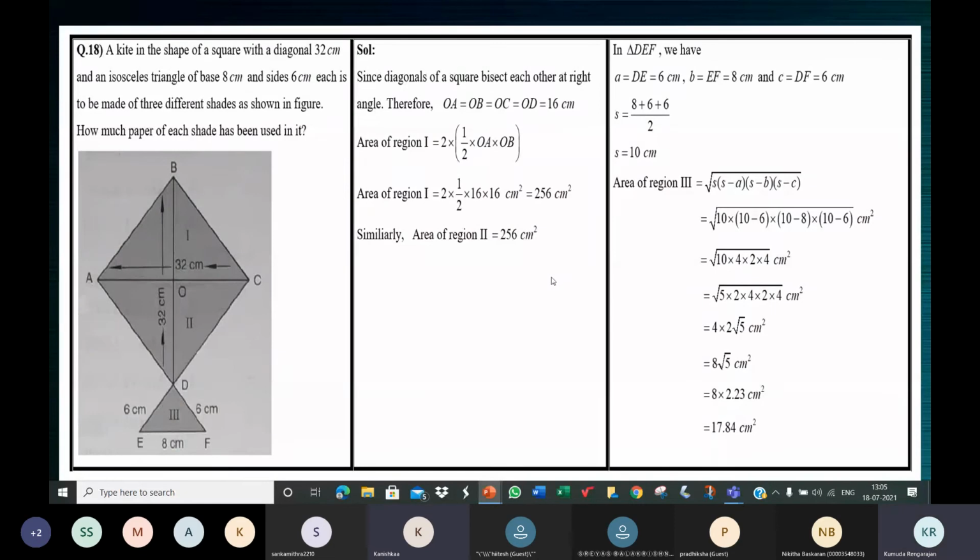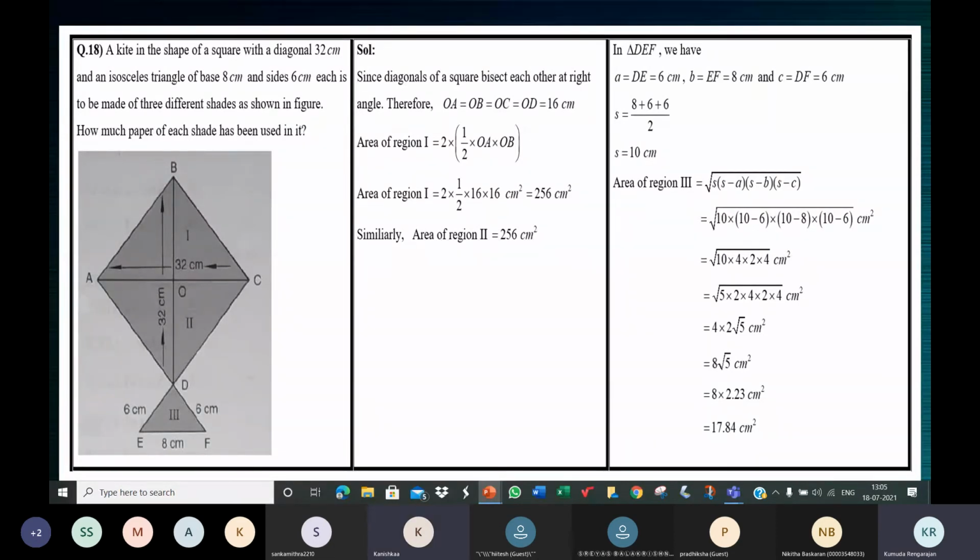Ma'am, instead of region 1, can we use triangle BCD? BCD and ABD, ma'am, triangles. No, actually, you're saying that maybe those two regions are used in different colors, right?